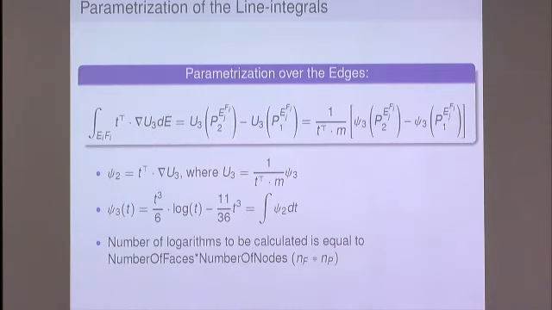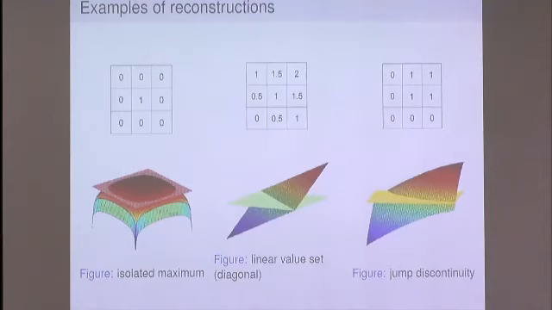To see how this function looks in two dimensions, we have here different values, and this is the grid cell, and you see how this function lives in this grid cell.